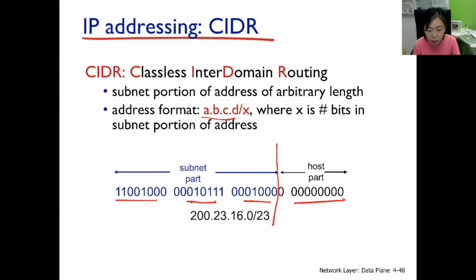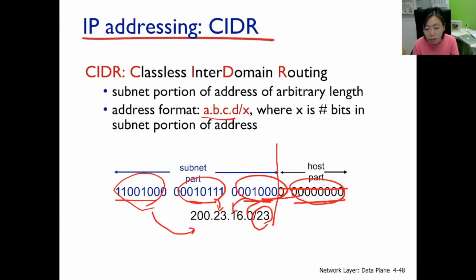So essentially, cut there right after the 23rd bit. Turn all the host part of the IP address into 0. And then convert this octet back to decimal, this octet back to decimal, the whole octet back to decimal, and then the whole octet back to decimal.